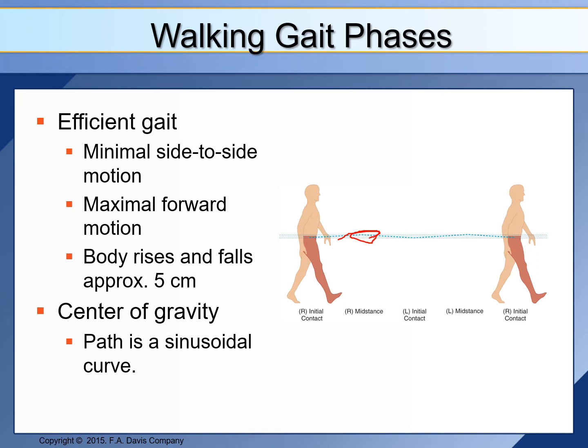The center of gravity, as this line shows, follows a sinusoidal curve. In an efficient gait we talk about minimal side to side motion. If your body is not stable, it moves from left to right, side to side.